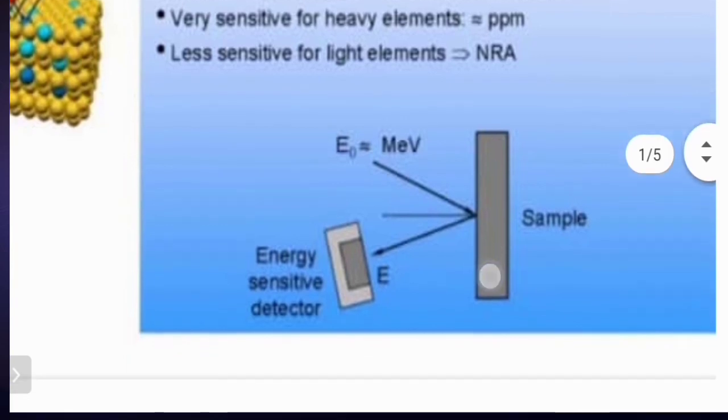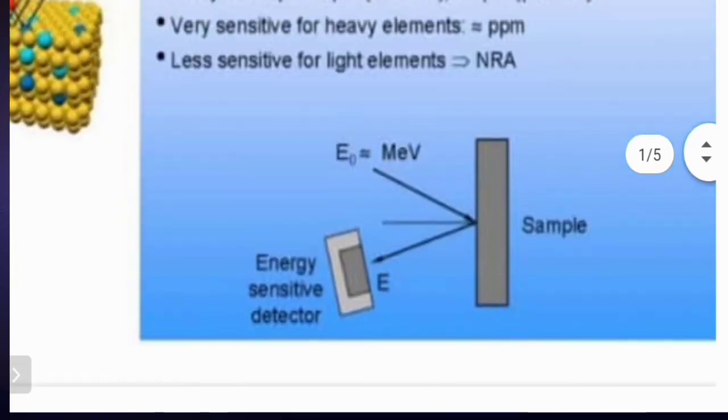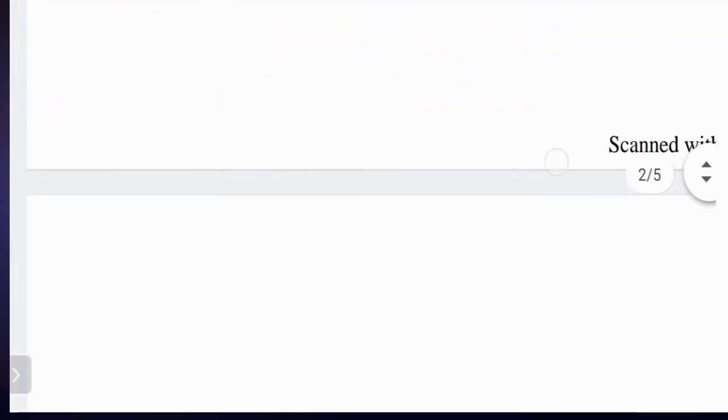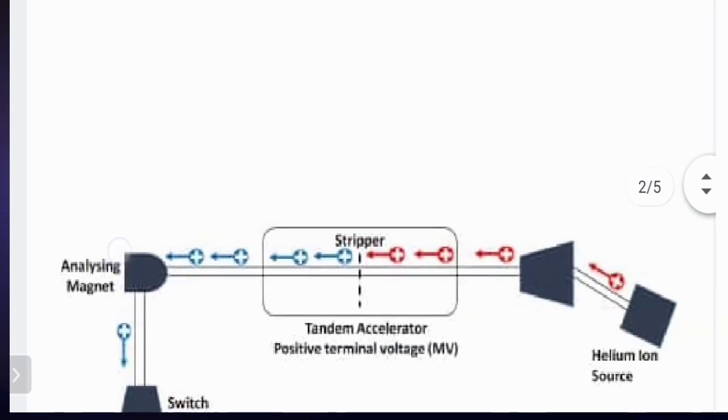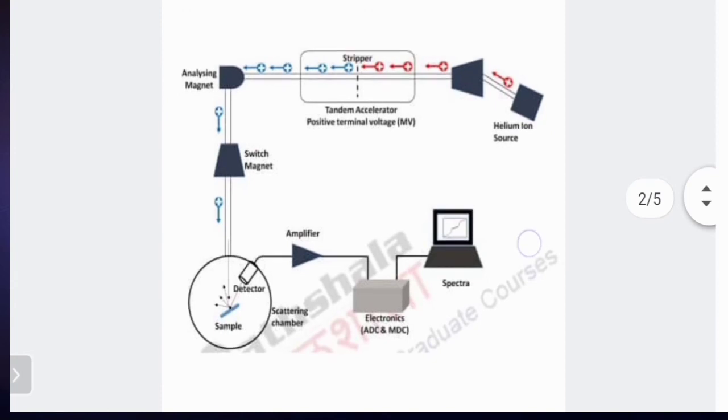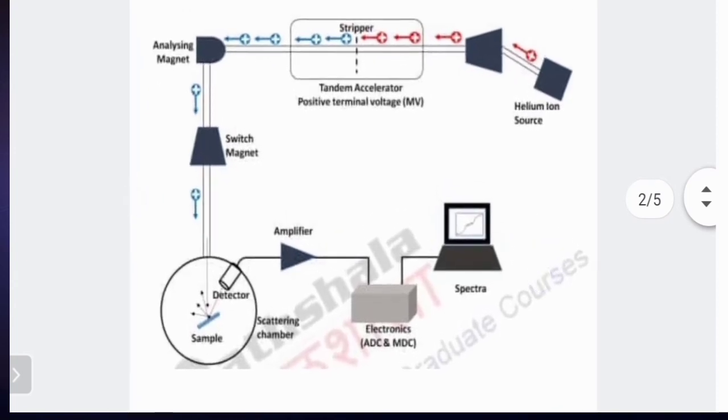So this is the basic principle of our Rutherford backscattering spectrometric technique. This is the instrumentation generally used for the Rutherford backscattering experiment.